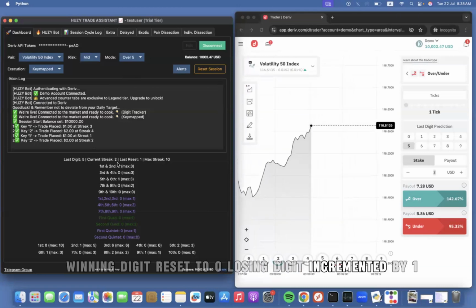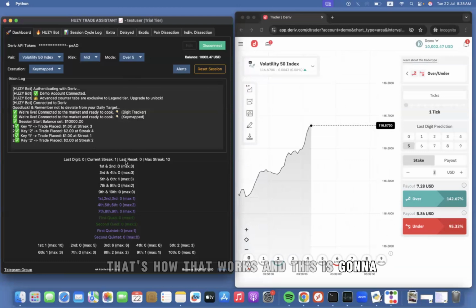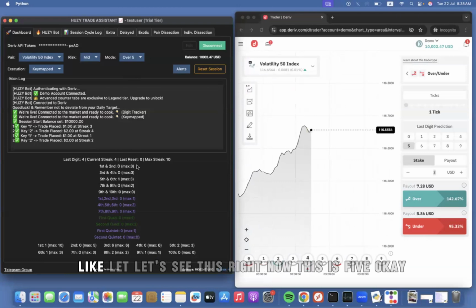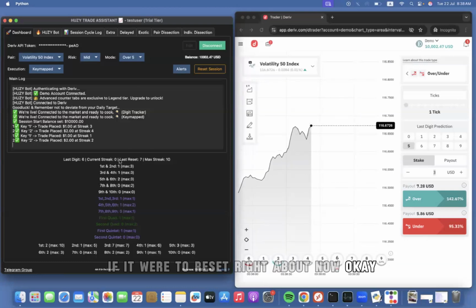Losing digit, incremented by one, another, two, reset to zero because of a winning digit. That's how that works. And last reset is going to tell you what was the value of the current streak before it reset to zero. Okay, like let's see this right now. This is five. Okay, if it were to reset right about now, it reset at seven.